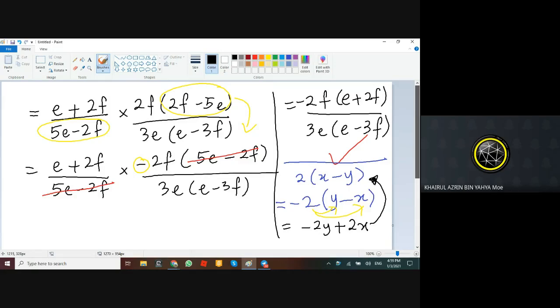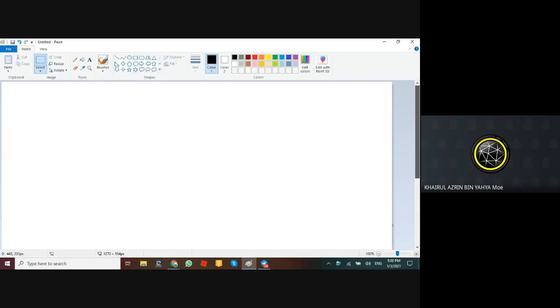Okay, I put negative in front of 2 because I want to change this one become like this, so that we can cancel with this one. So far okay. That's why I put negative in front. I want to change the positive and negative only. So far okay. Now we go to question 11.